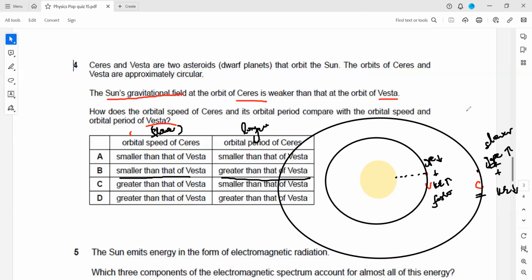It will take more time to complete one orbit as compared to Vesta, and it will move slower as compared to Vesta. So the idea is that those objects which are closer to the Sun are moving much faster and they have a shorter orbital time as compared to the objects which are far from the Sun.